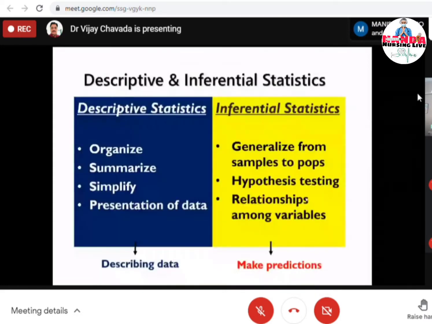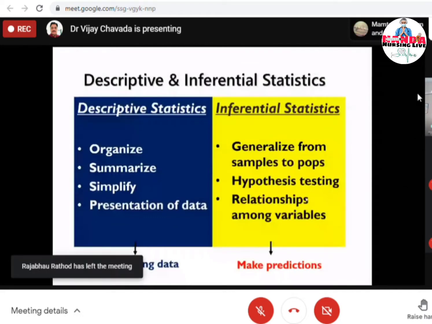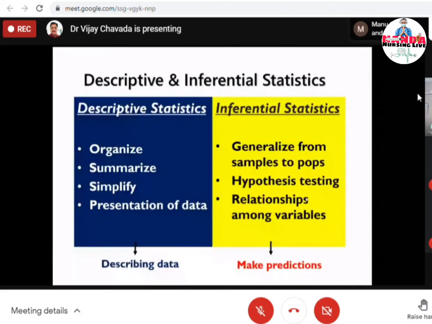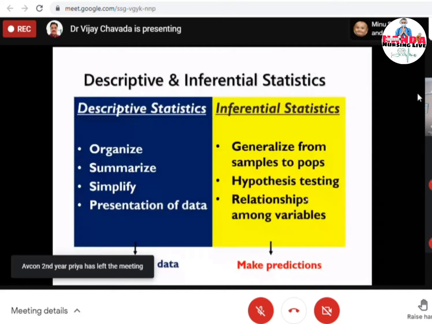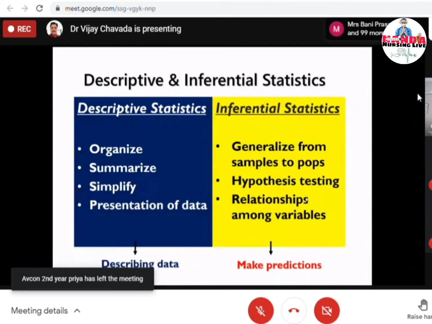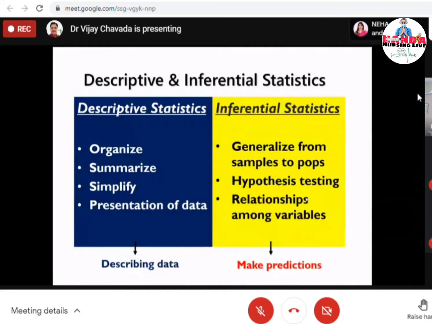We usually have confusion about the difference between descriptive statistics and inferential statistics. Descriptive statistics is the one in which we organize the data, summarize it, and simplify it by various methodologies, like presenting the data to make it simpler to understand for the layperson.